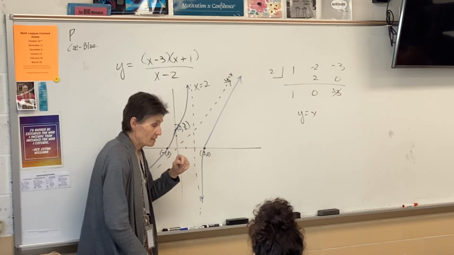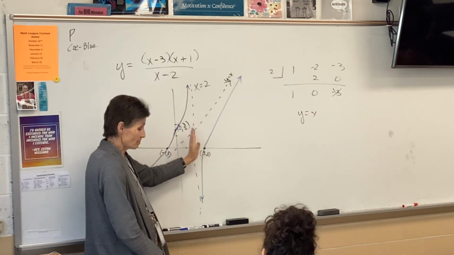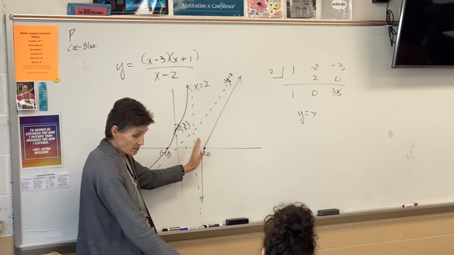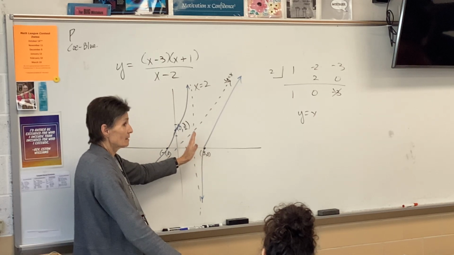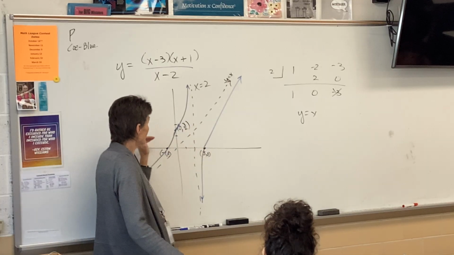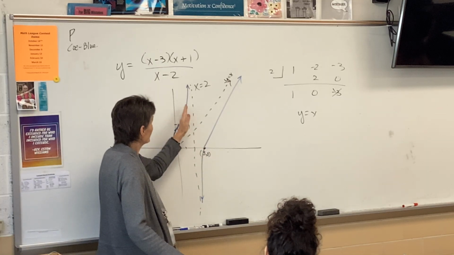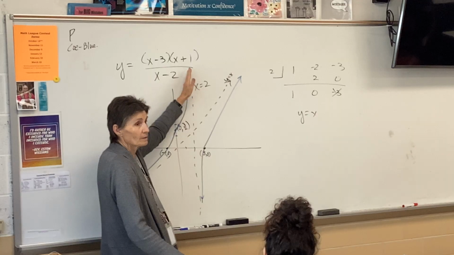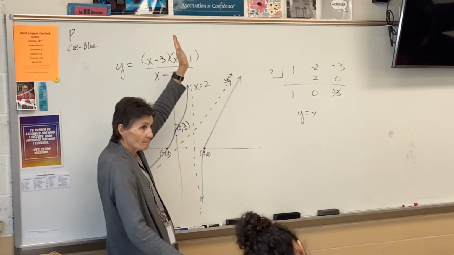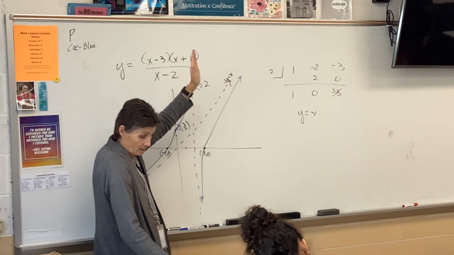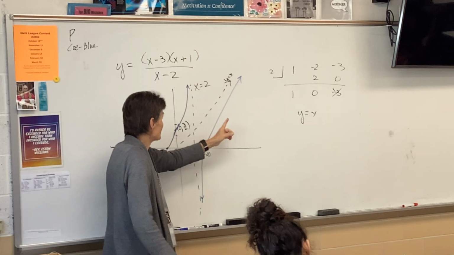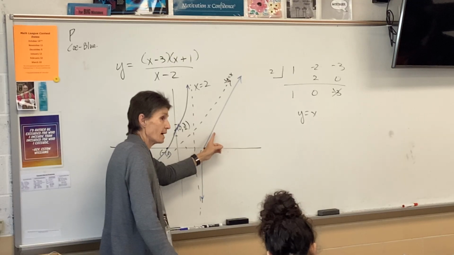Number 8. Now I have an asymptote at 2. This one asks me to come in from the left. Here's your asymptote. Coming from the left, what's happening to my curve? Positive infinity. Skip down to 10. What happens from the right side?